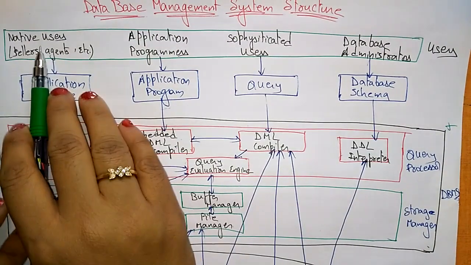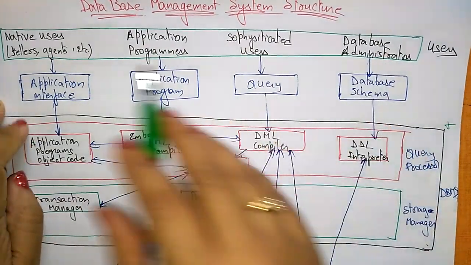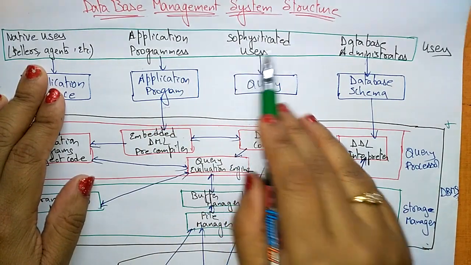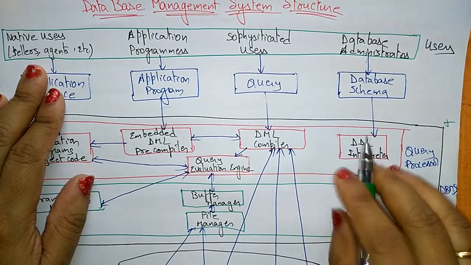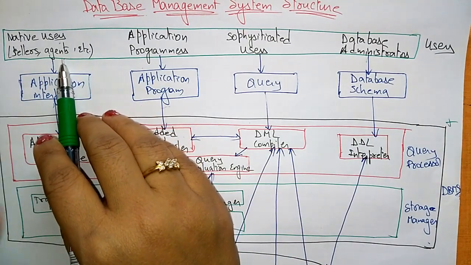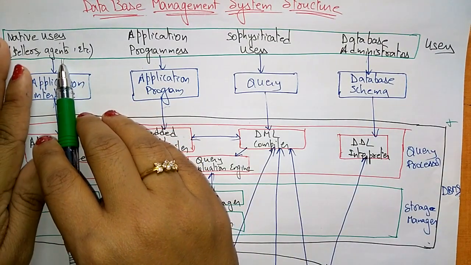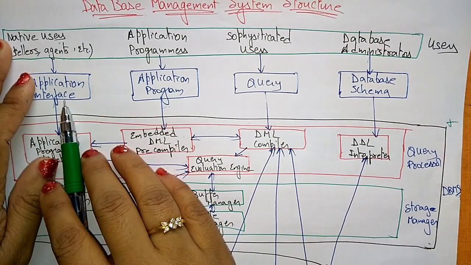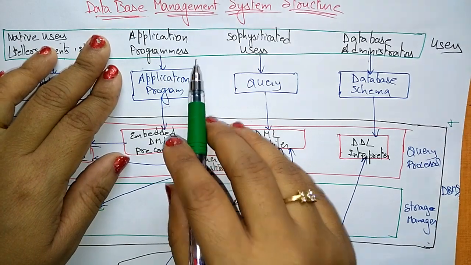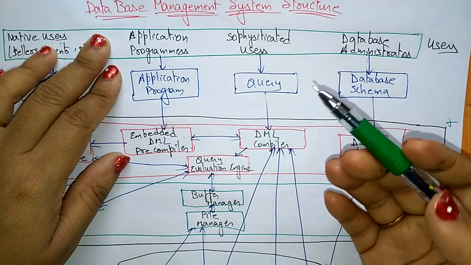First, different users will be there. You may be a native user, an application programmer, a sophisticated user, or a database administrator. Native users are the users, like agents and sellers, who access the application. Application programmers are the programmers who develop the application.